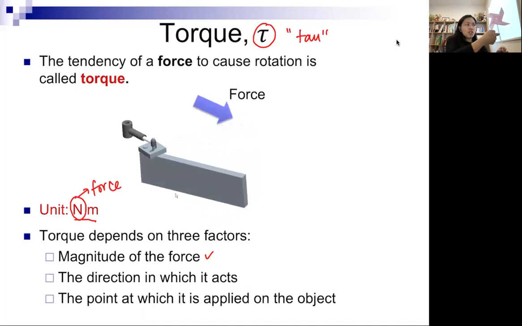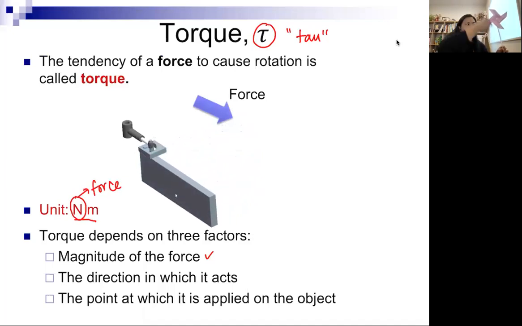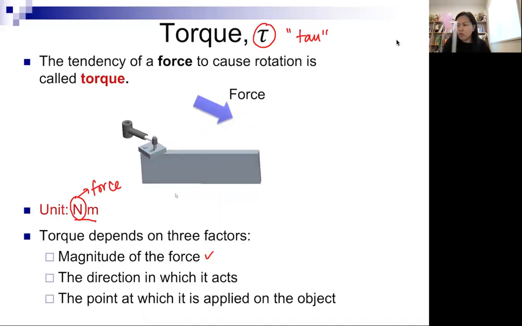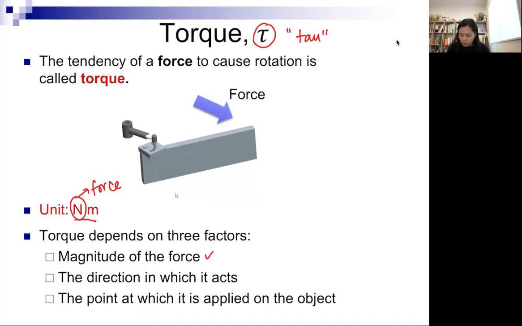If I push upwards, if it's an upward force, then the pinwheel will rotate in the opposite direction, clockwise, right? So the rotation and the torque will depend on the direction in which the force acts.